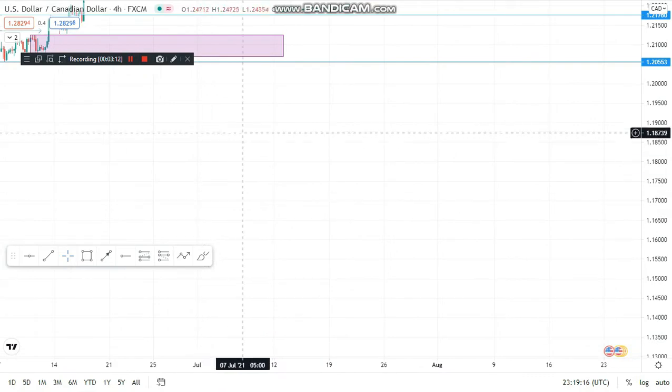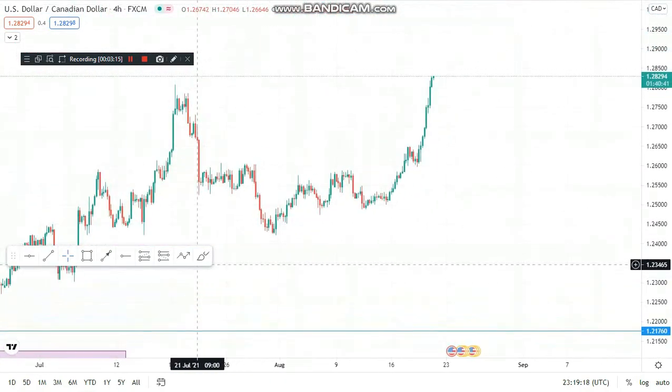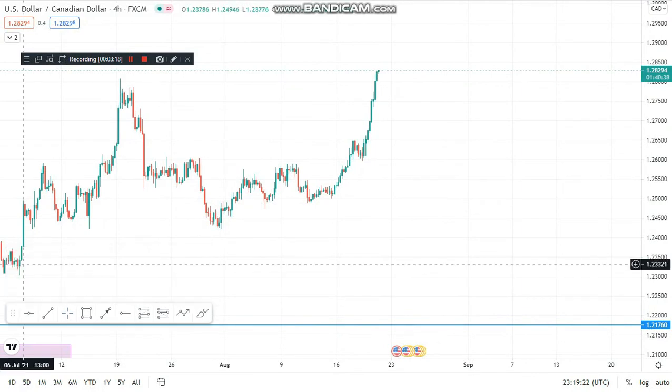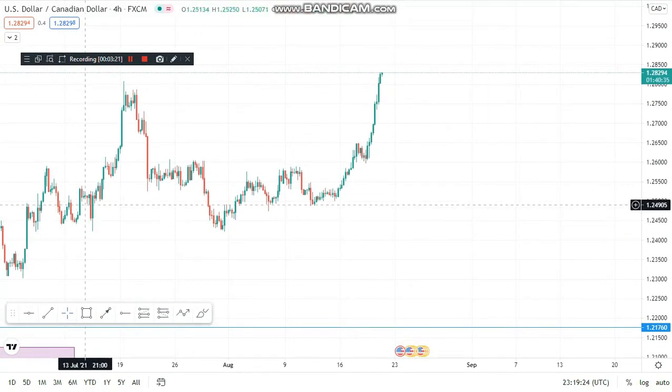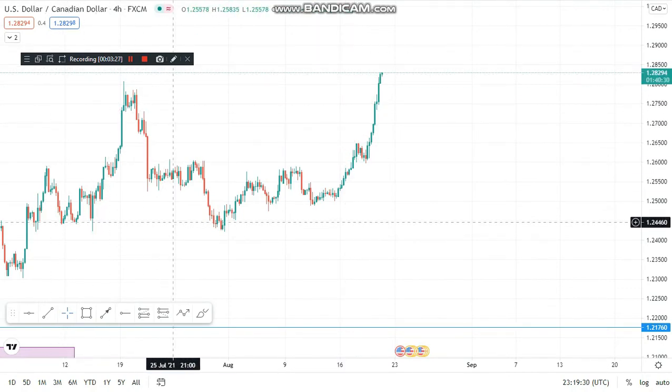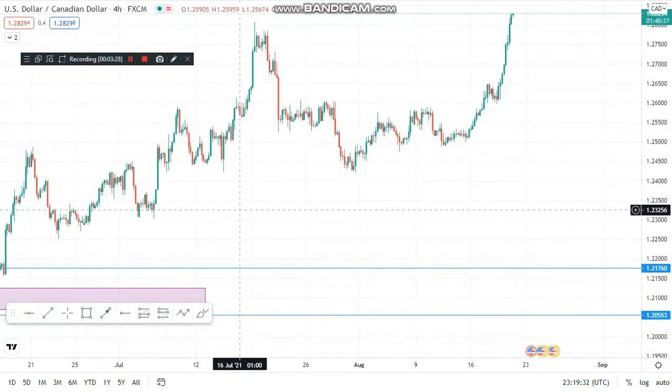Okay, let's see how that goes in live trading. This is live, and I'm going to interpret this in the chart for you to see. Now look at this.